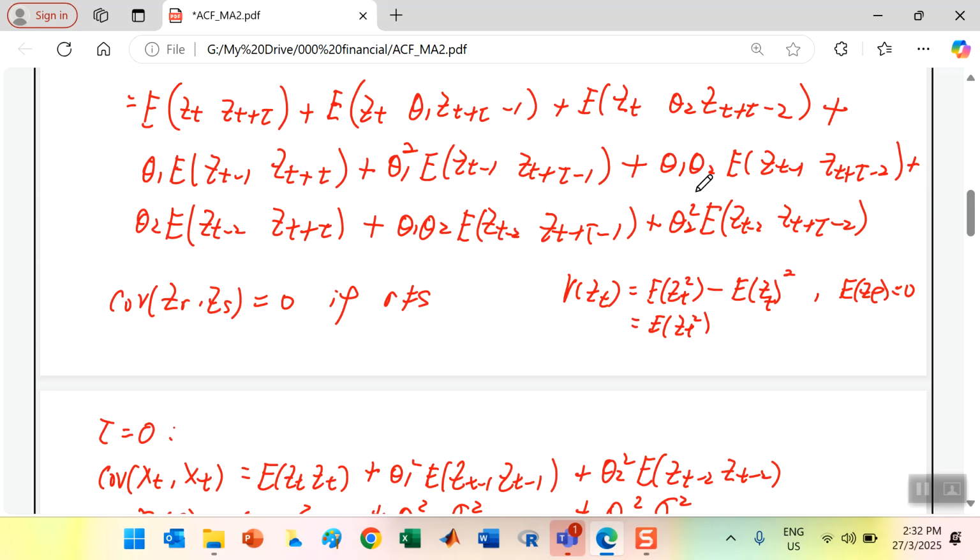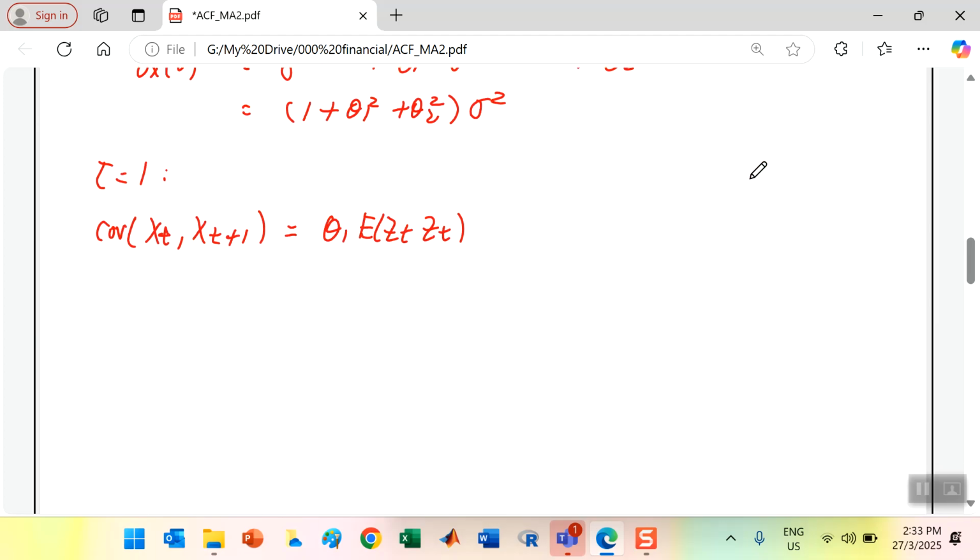Then you have t minus 1, you have t minus 1 plus 1, so this one is non-zero. So theta 1 theta 2 plus theta 1 theta 2 expected value of zt minus 1, zt minus 1. So this is the value.